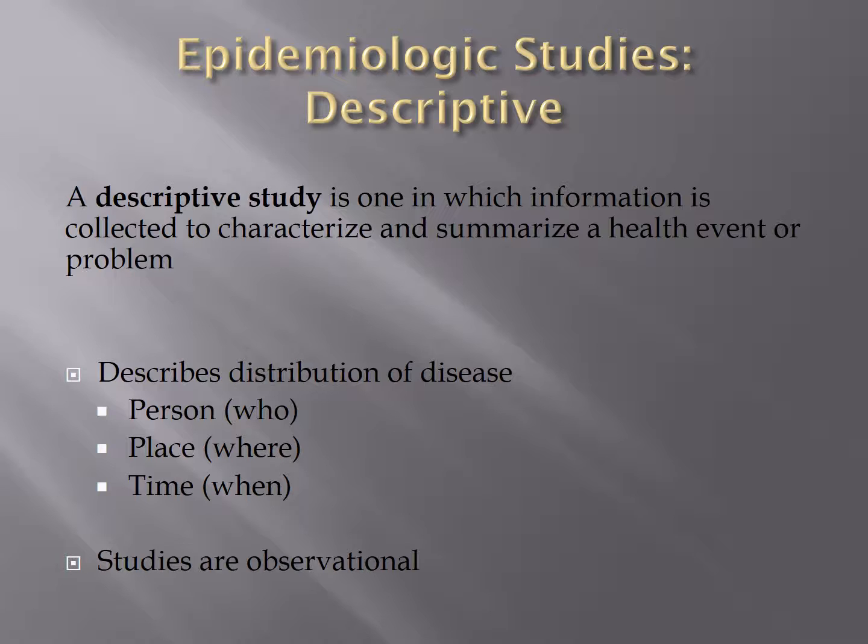A descriptive study is defined as one in which information is collected to characterize and summarize a health event or problem. The study describes the distribution of disease, death, and other health outcomes in a population according to person, meaning who, place, where, and time, when it happened. The studies are observational.